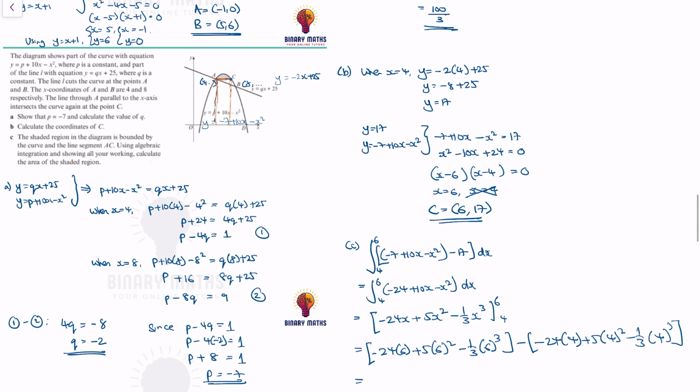The first bracket gives me negative 36, and the second bracket gives me negative 112 over 3. Now when I put this into my calculator, I end up getting 4 over 3. And that's the final answer.